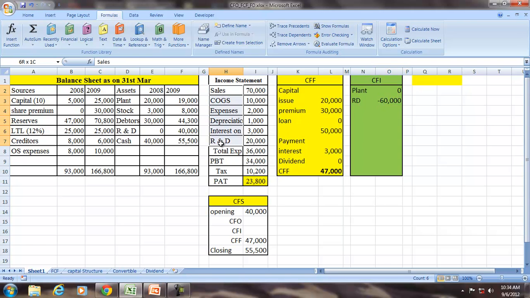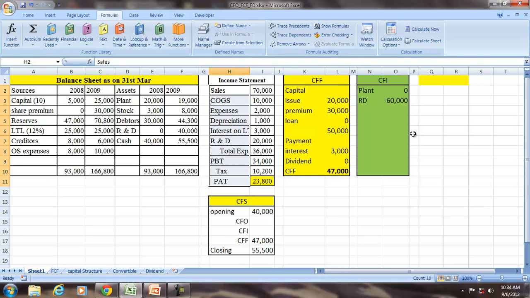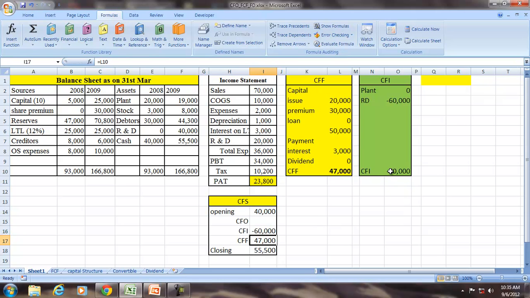There is no dividend, no interest received, so there is no income from the investment decision. So CFI in this case is minus 60,000.